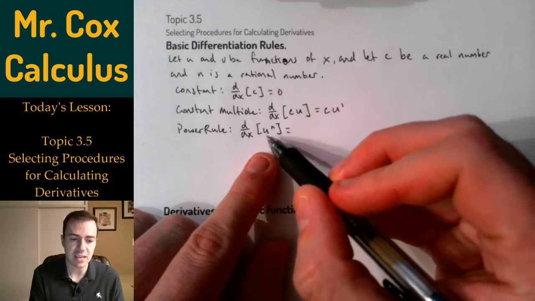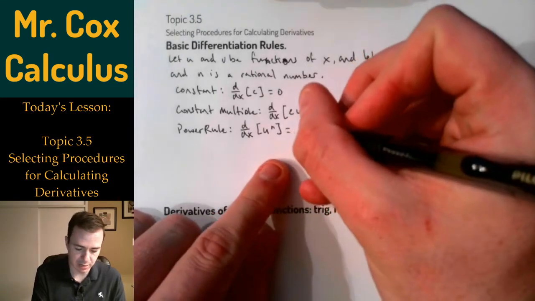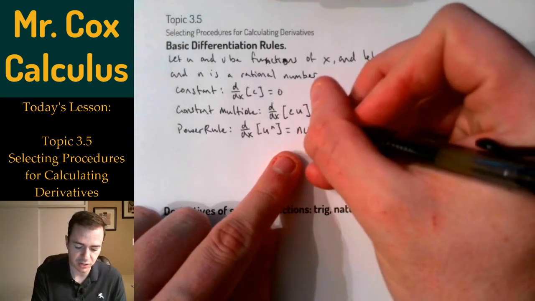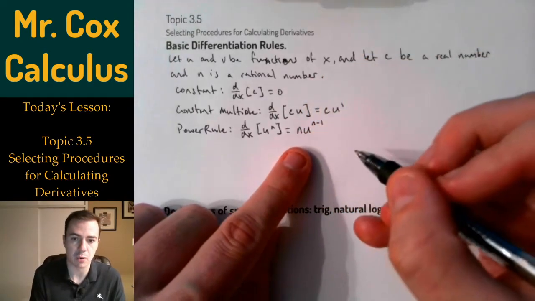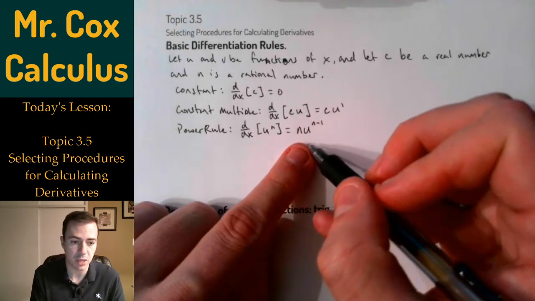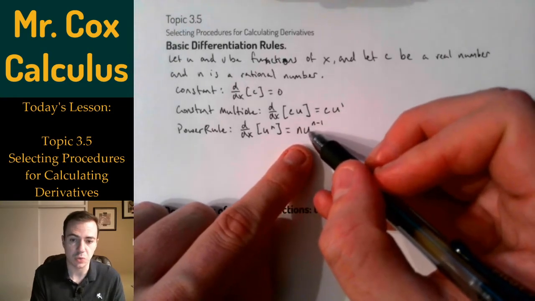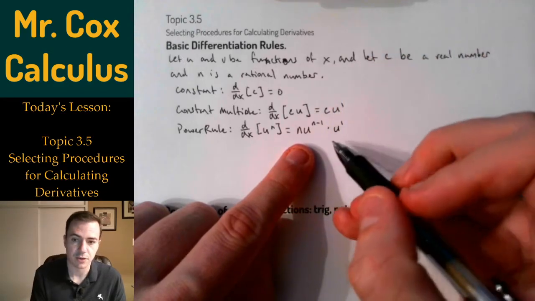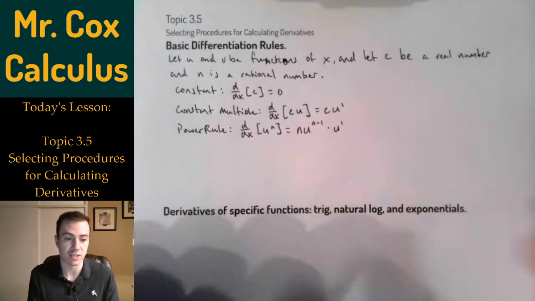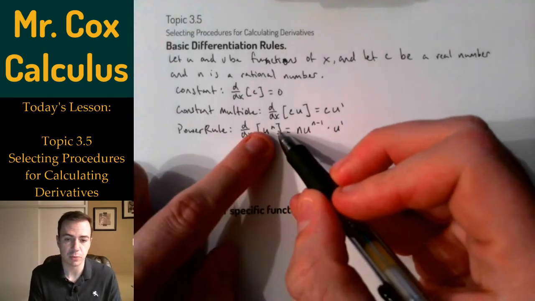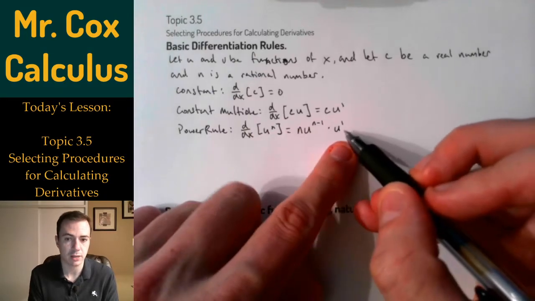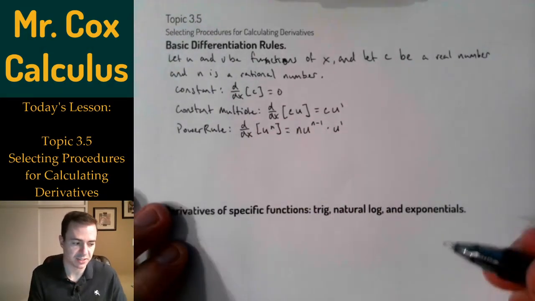If I have anything raised to a power, I can bring the power down as a coefficient, times that function of x, reduce the power by 1. This is what we had originally, except u was x, but now we know we need to multiply by the derivative of whatever u is. So for example, if I have some function being raised to the 5th power, bring the 5 in front, reduce the power by 1, execute the chain rule. That's what this is now saying.